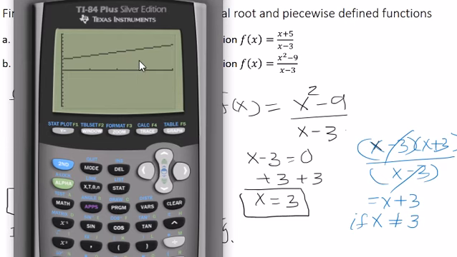To solve this, we've got to isolate x, so just add 5 to both sides. So you get 2x less than 5, and then divide by 2, and then you have x less than 5 halves, which is x less than 2.5. So for all the values of x where x is less than 2.5, this function is discontinuous.